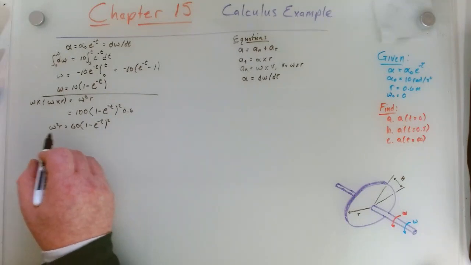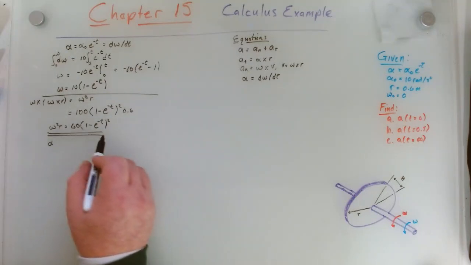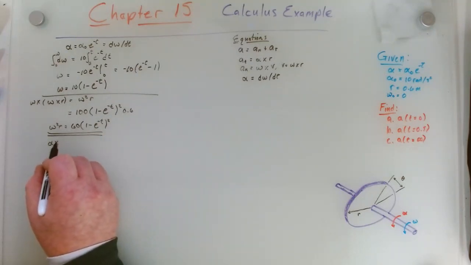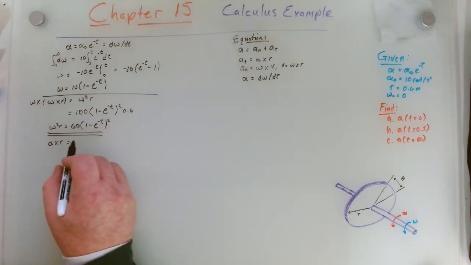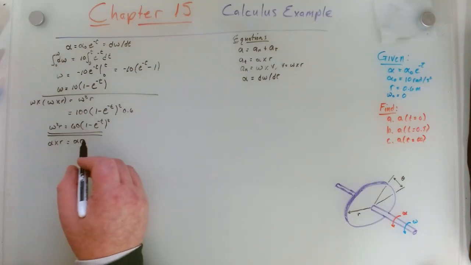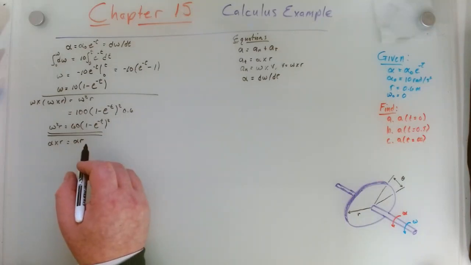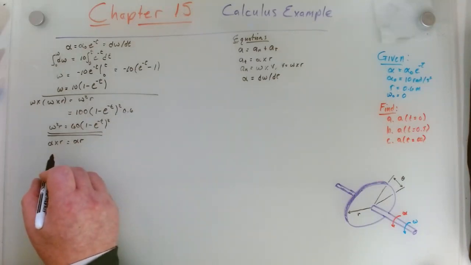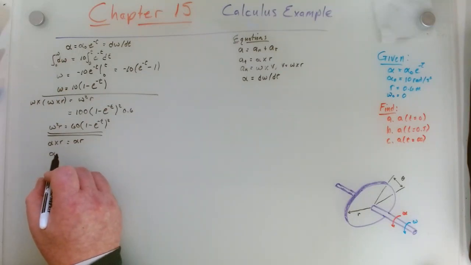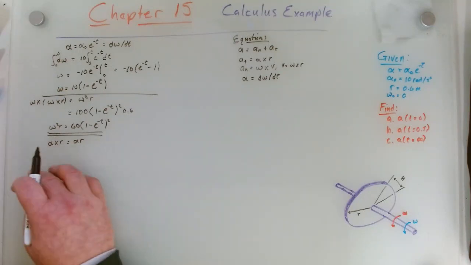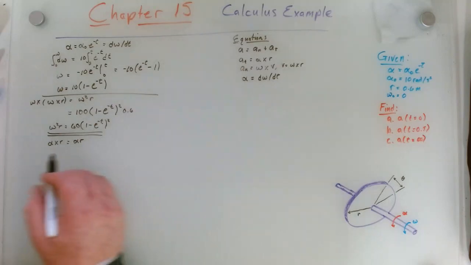Alpha, well, we need that. Underline that. So alpha cross r, because we're in a plane, is alpha r. Well, wait, alpha r has a name, right? That is a sub t.